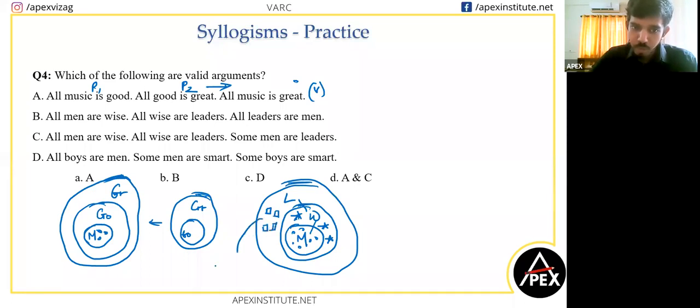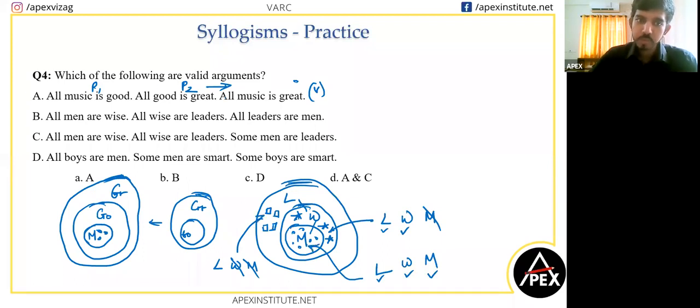Right? So these people are leaders, but they are not wise and they are not men. These people in middle, yeah, they are leaders and they are also wise, but they are not men. And these people inside are leaders and they are wise also and they are men also. Okay, so these are the three situations which you get from these premises.